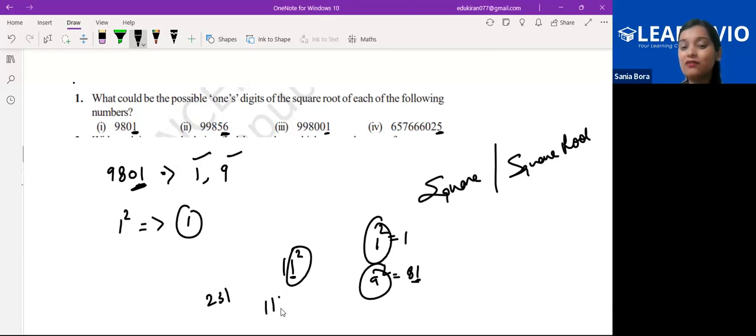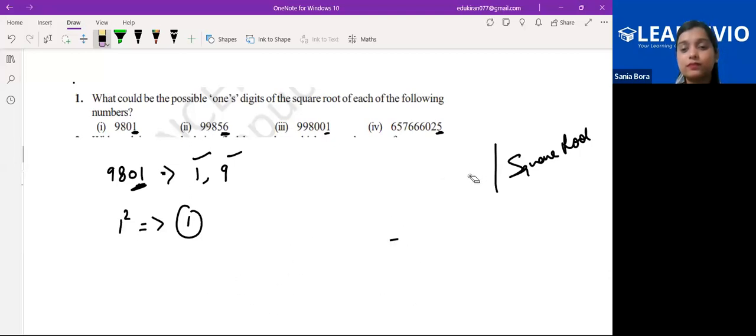Clear? 111, then it can be. So it is also coming from 1 only. So that's why you don't take it. You have to only do the things till 10. Do it. I'll tell you.